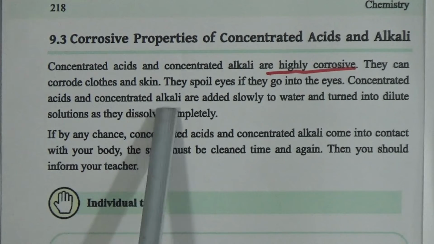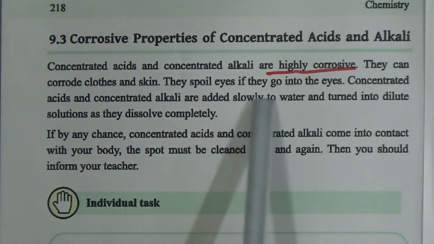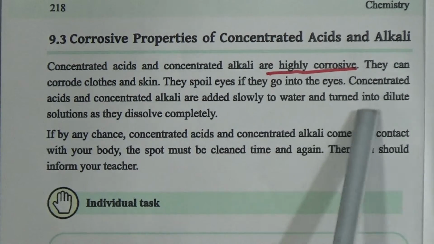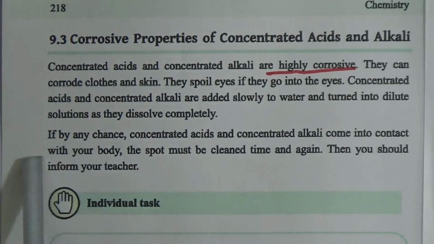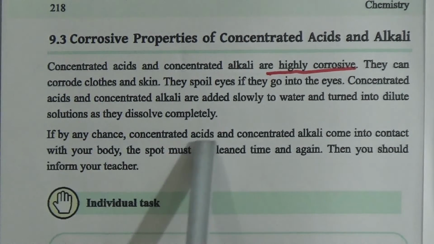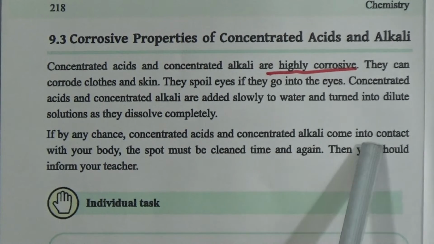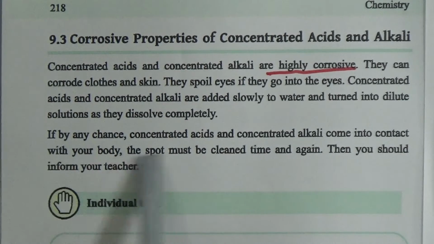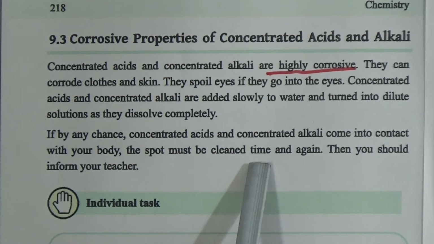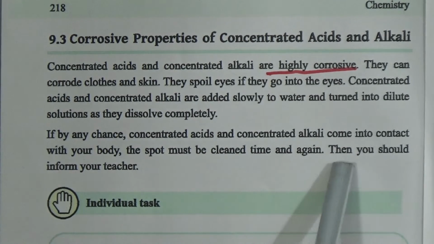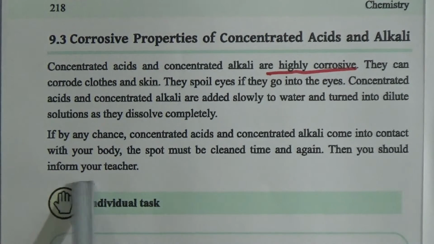Concentrated acid and concentrated alkali are added slowly to water and turn into dilute solution as they dissolve completely. And if by any chance concentrated acid and concentrated alkali come into contact with our body, the spot must be cleaned with water again and again, and then you should inform your teacher.